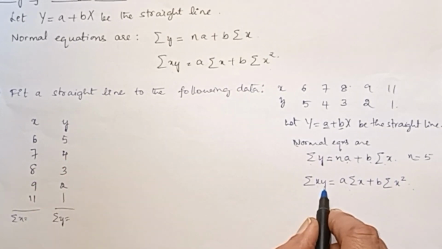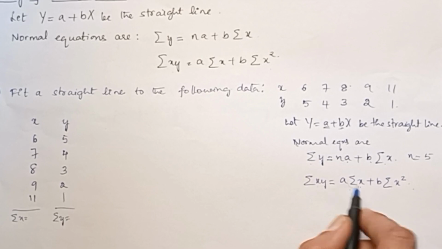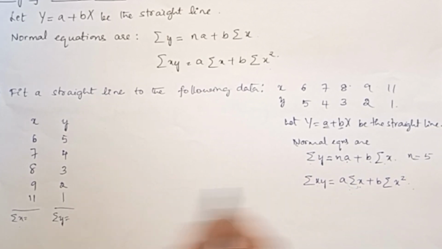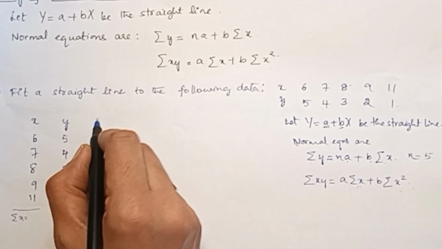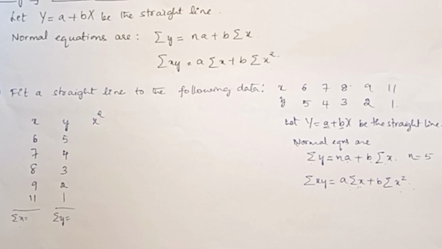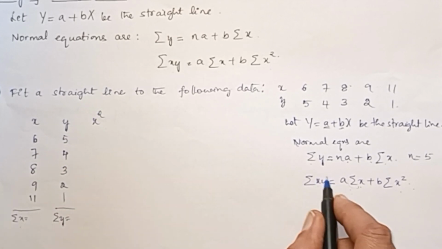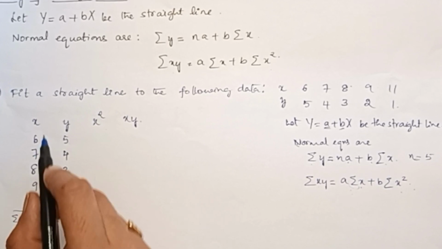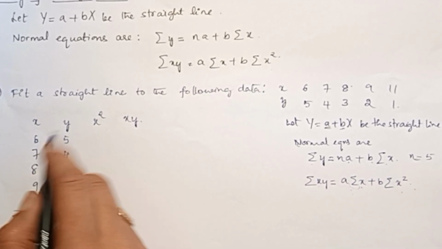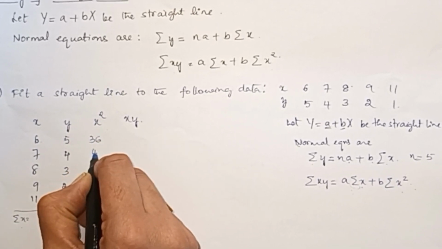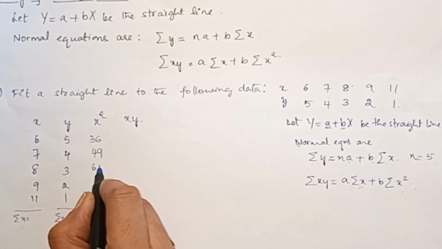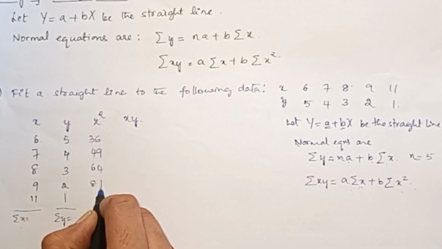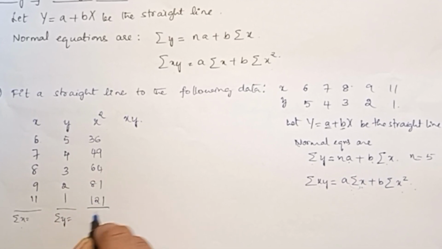Here, therefore, as per the formula, I need summation of x, which I can obtain from here. Next, I want summation of x square, means I have to write a column corresponding to x square. Then I want summation of xy, so I need a column corresponding to xy. I need square of all this, x square, 6 square, 36, 7 square, 49, 8 square, 64, then 9 square, 81, 11 square, 121. Then I need the sum of all this, summation of x square.